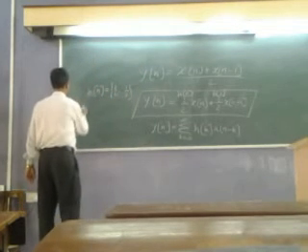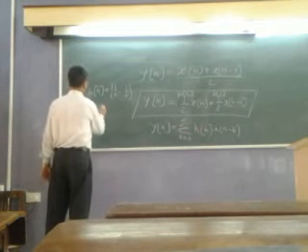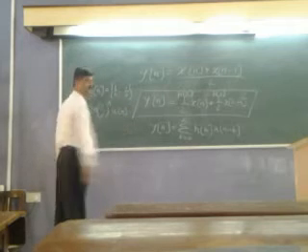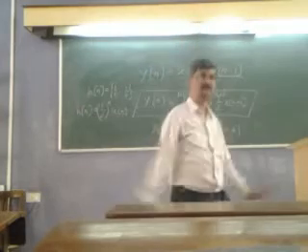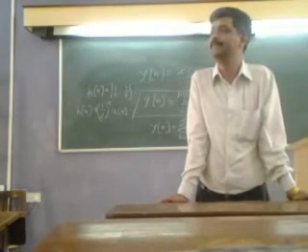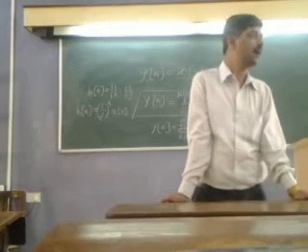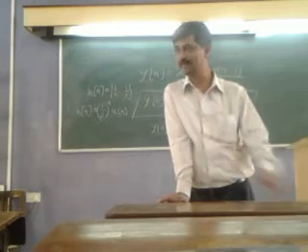Similarly, we can have Hn equal to half raised to n un. Means what is H0? 1. H1? Half. H2? 1 by 4. H3? 1/8. And so on.